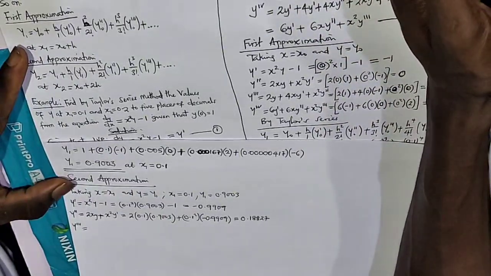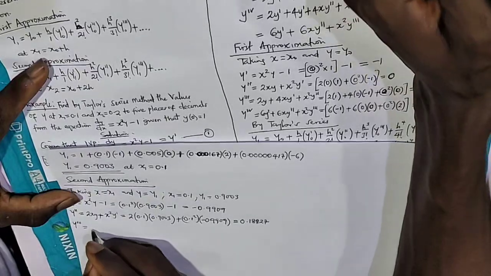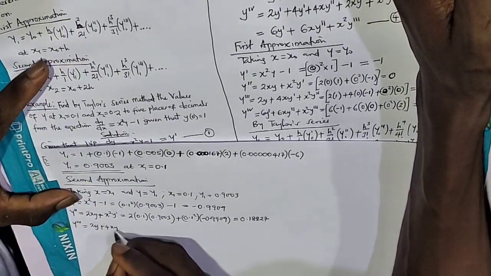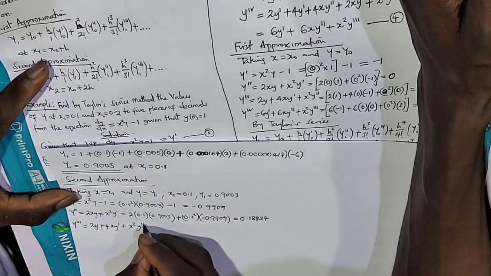So the third one says 2y plus 4xy prime plus x squared y prime prime.